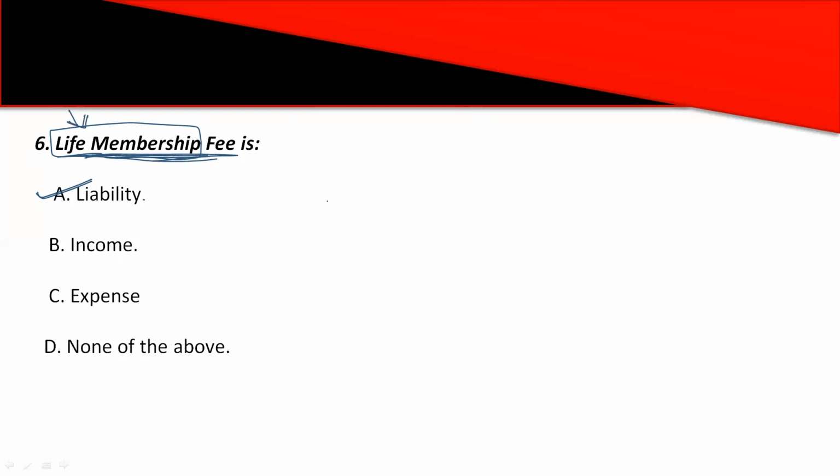Now it is the obligation, the duty of the NPO to utilize this amount properly. Suppose somebody is giving me 5 lakh rupees as a life membership fee for an NPO. If I am the manager of that NPO, I cannot think that this 5 lakh rupees belongs to me and I can utilize it in any way I want. No, this cannot happen. This amount is given for carrying out services in an NPO.